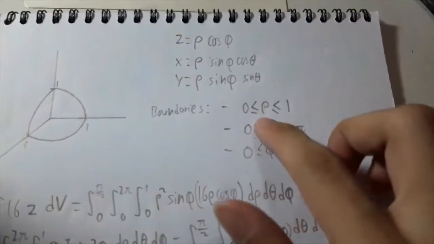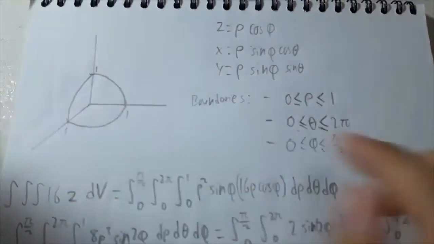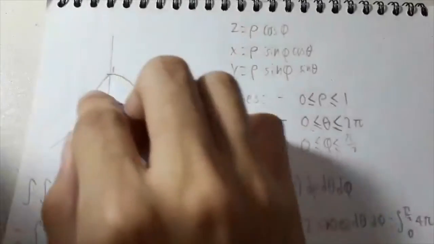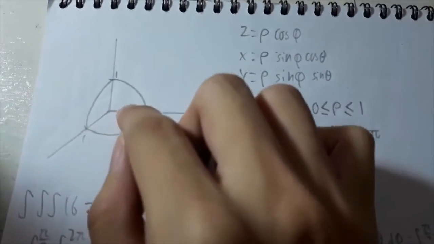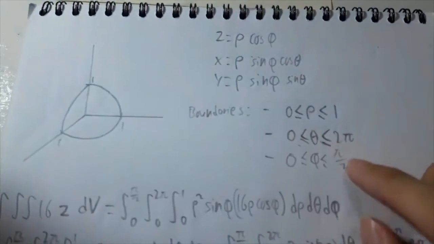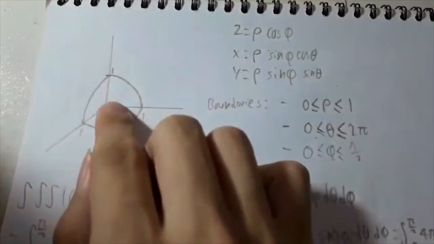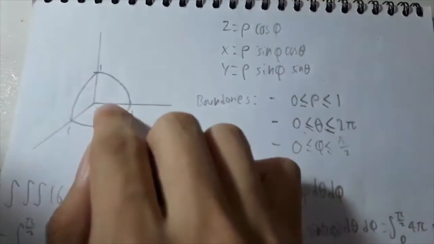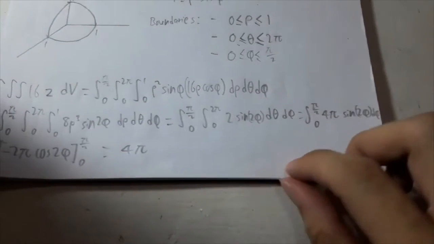The boundaries for rho are from 0 to 1, which is the radius. Theta is from 0 to 2 pi, which is the angle in the xy plane. And phi is from 0 to 90 degrees. And this is probably the solution.